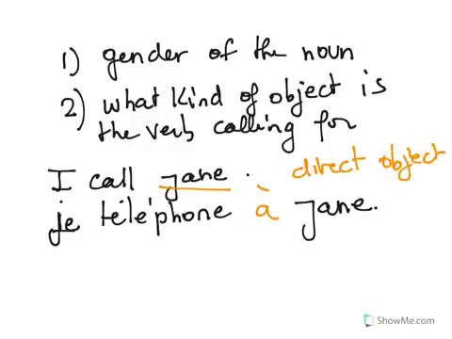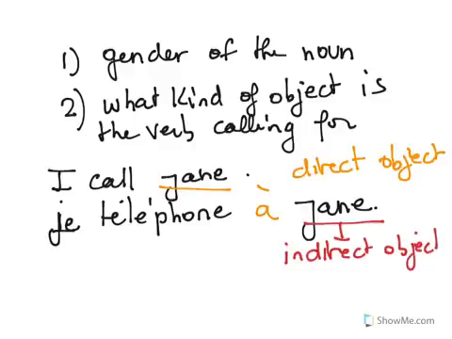In the second case, Jane is an indirect object. It's introduced by the preposition à, which is calling for indirect objects. So the same verb, téléphoner and call, one of them going direct object, the other one going indirect object.